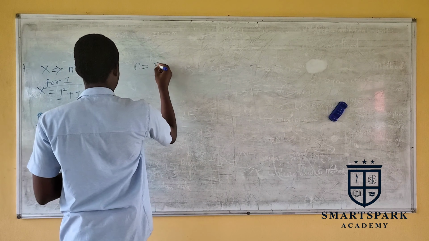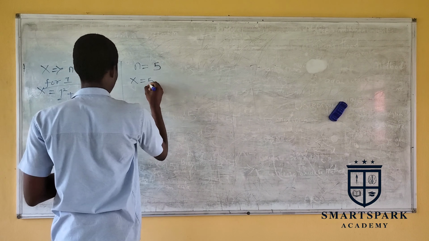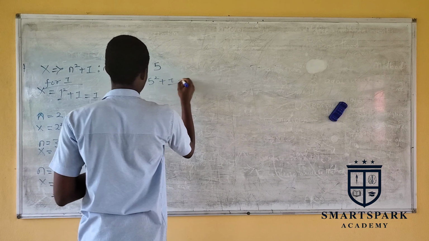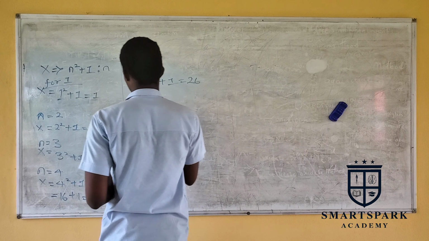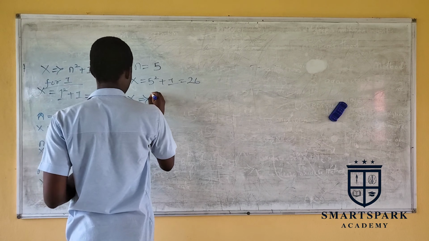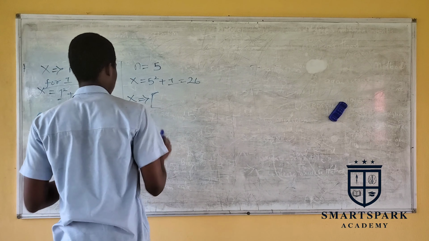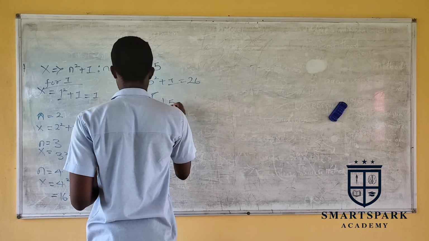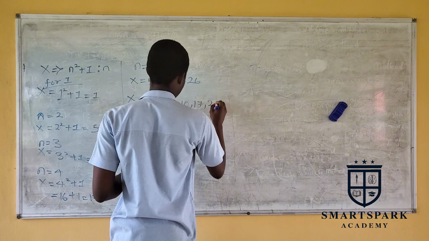So x is equal to 5 squared plus 1, which is equal to 26. So now we are going to write out the numbers present in the set x, which is 2, 5, 10, 17, and 26.